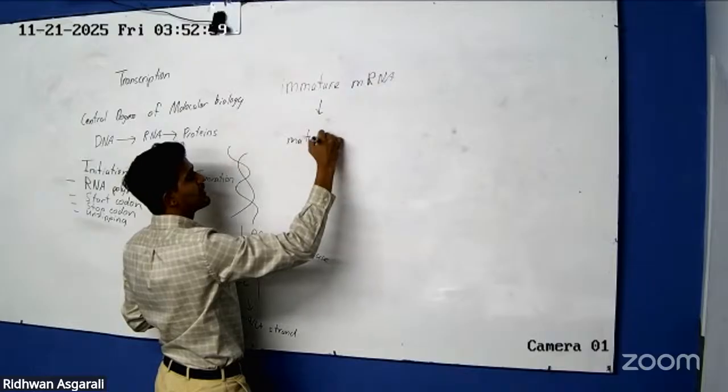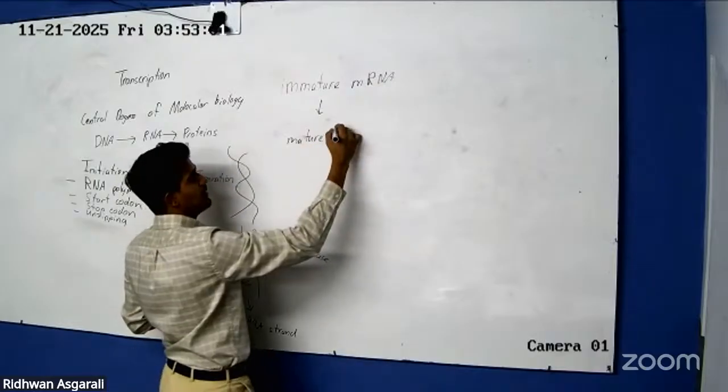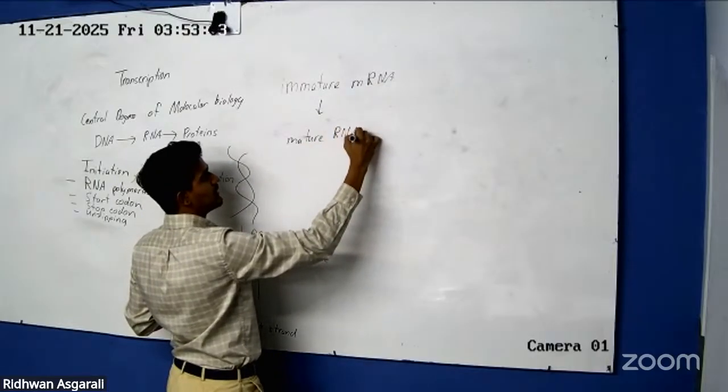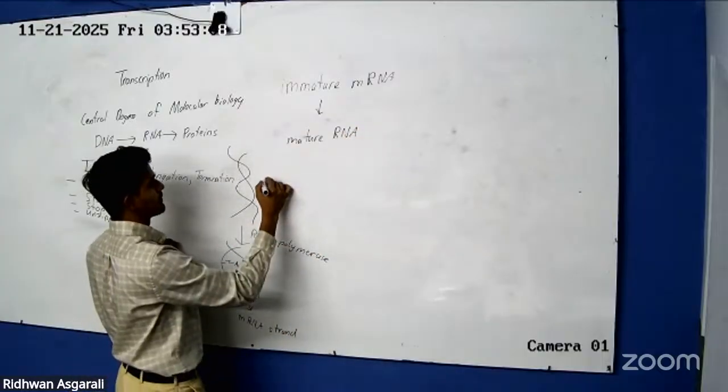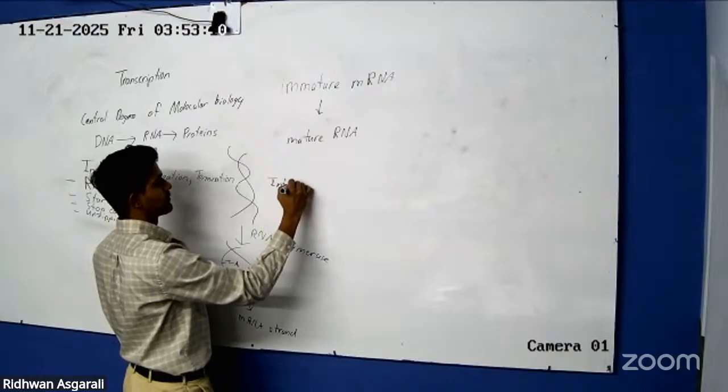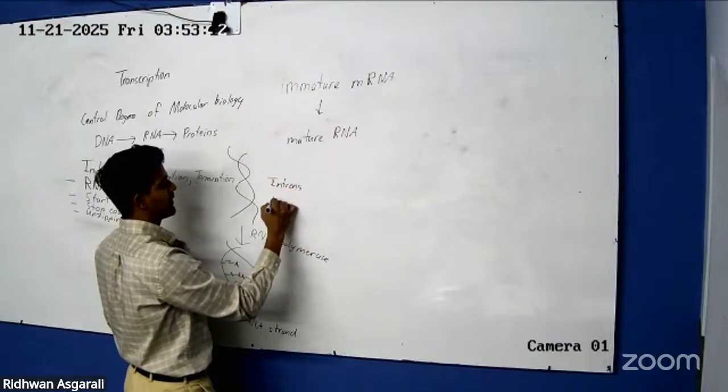So the difference between the two is the presence of something we call introns, and exons.